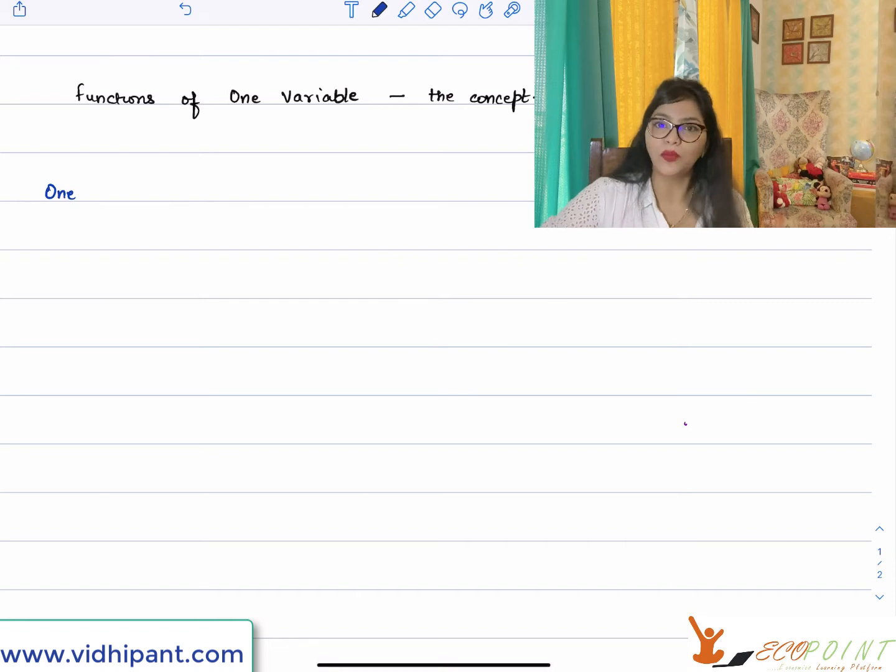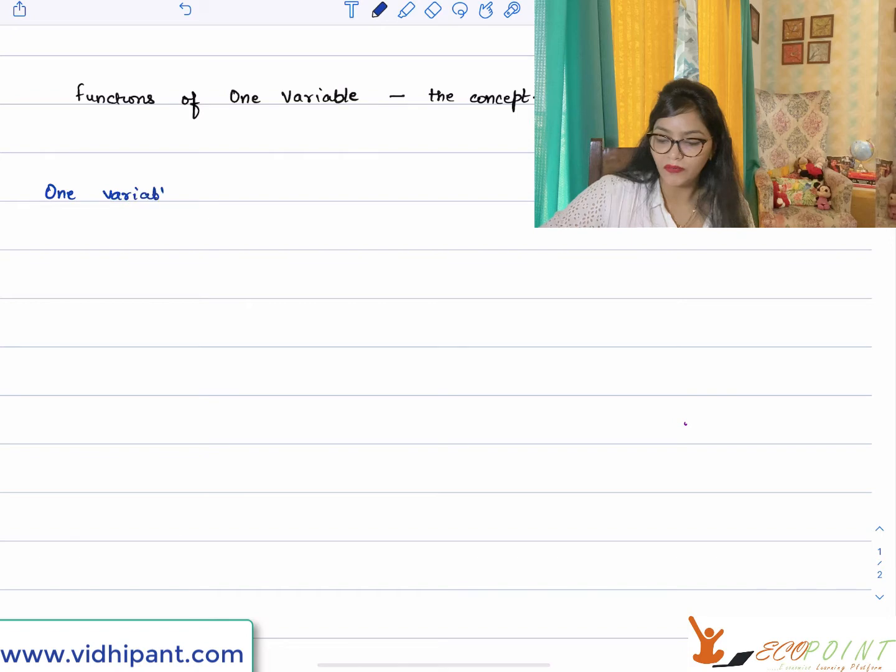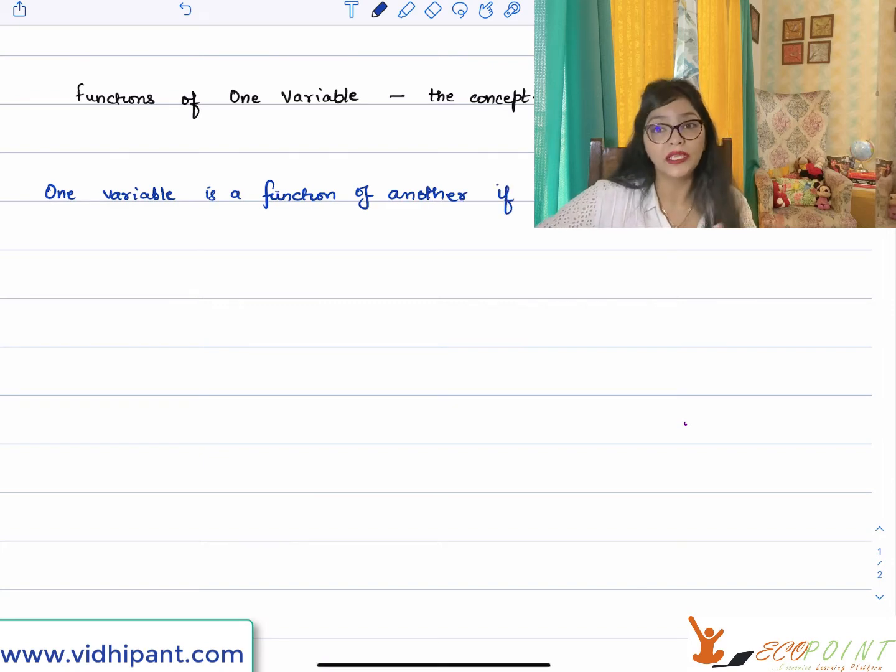When you have a one variable function, that basically means that you have two variables being involved and one variable is dependent on, or a function of, another. So one variable is a function of another if the first variable is dependent on the second.